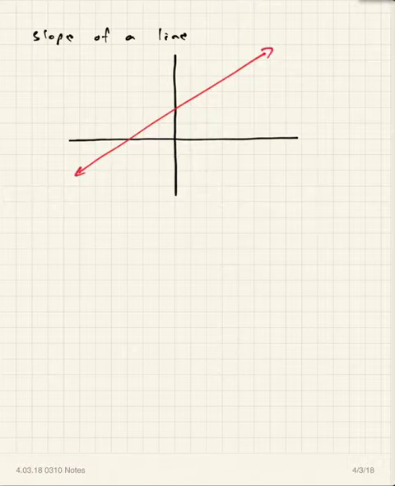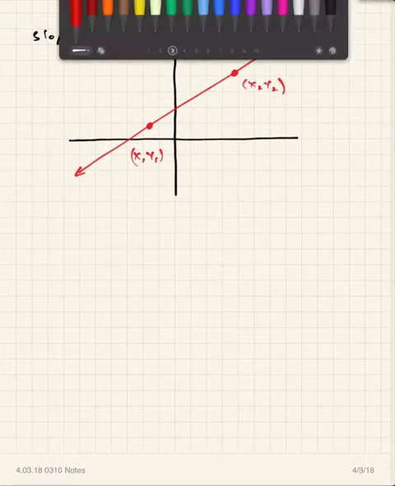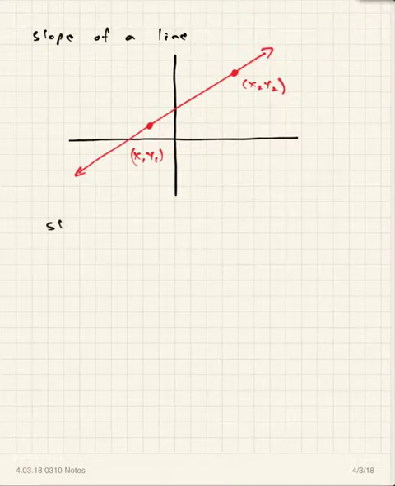So here's a line right here, and you have 2 points on the line, and we call one of those points x1, y1, and one of them x2, y2. The slope of this line, first of all, we use the small letter m for that.